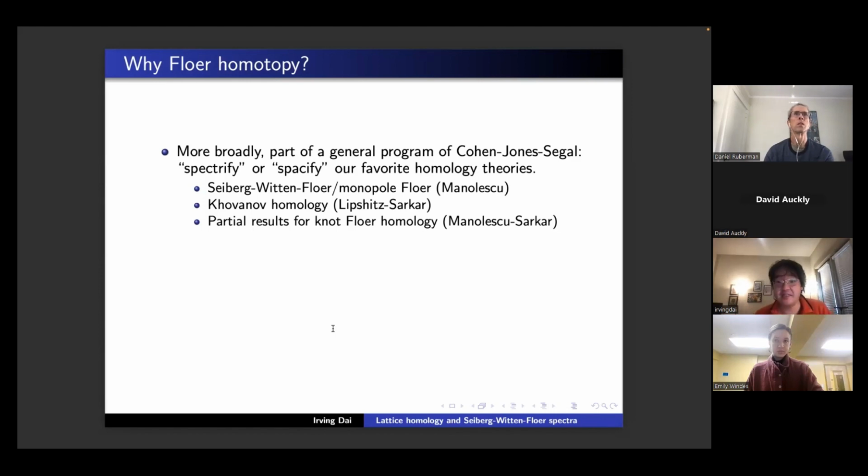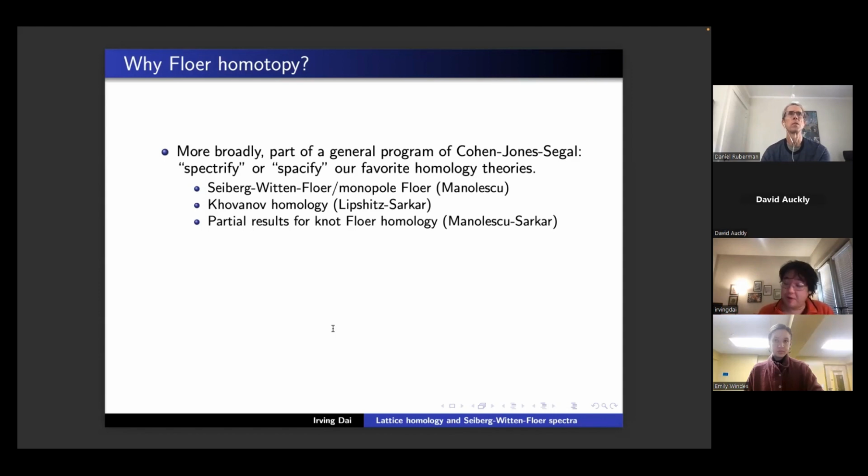And the goal in each case is to find a space version or a spectrum version of each of these homology theories. So instead of associating to your object a homology, you want to associate to your object a space whose regular homology, or equivariant homology, recovers your favorite homological invariant. And this is a very old program dating back to Floer and Cohen, Jones, and Segal, and it has attracted a lot of interest in all of these different settings.